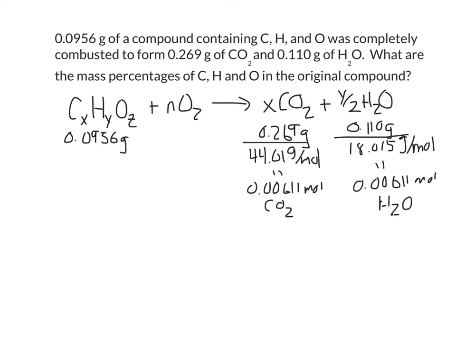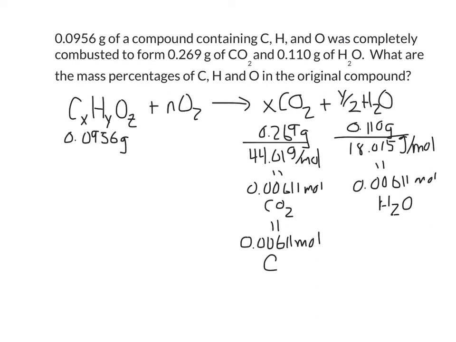I want the moles of carbon and the moles of hydrogen. Each CO2 contains one carbon, so I will have the same number of moles of carbon as I did CO2. So I have 0.00611 moles of carbon.